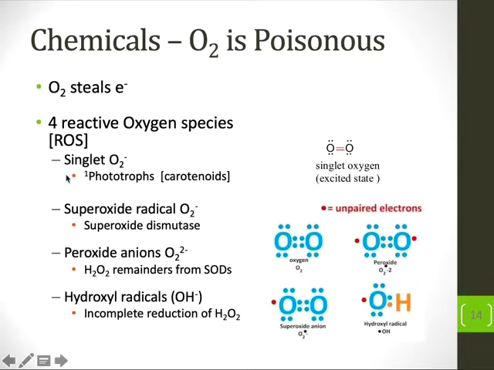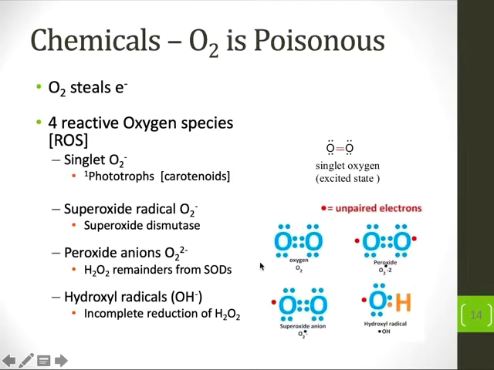We have singlet oxygen, which is regular molecular oxygen at an excited state, a higher energy level, which makes it unstable. Organisms that have these species in them have to find a way of dealing with them. Examples would be the phototrophs, these plants that produce fruits and have all this coloration from pigments, carotenoids, which help protect them.